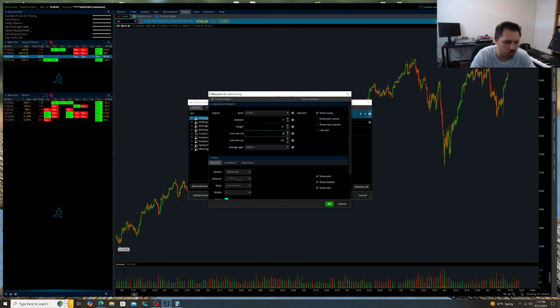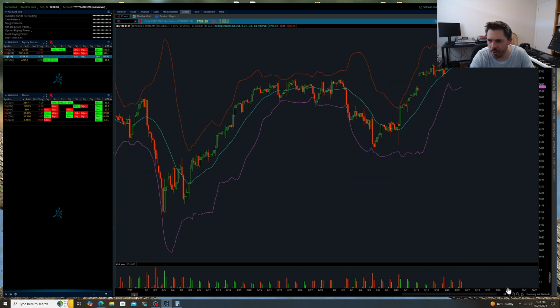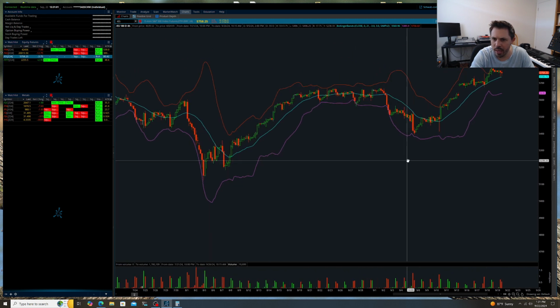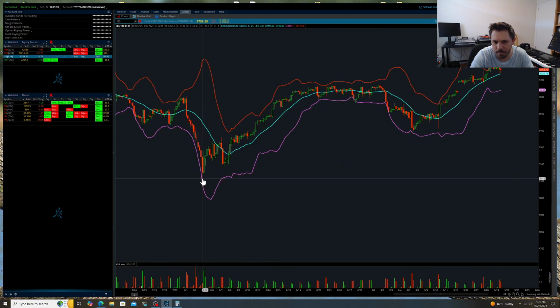So I want to encapsulate 3 standard deviations to the upside and to the downside. When I apply that here, you can see that it gives you the same idea. And again, you can see that when these markets get down deep into these purple bands, they tend to revert back up, right?